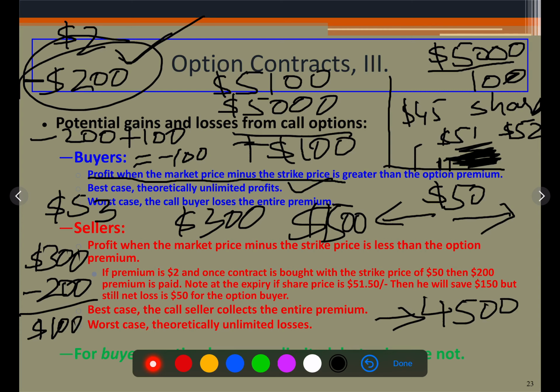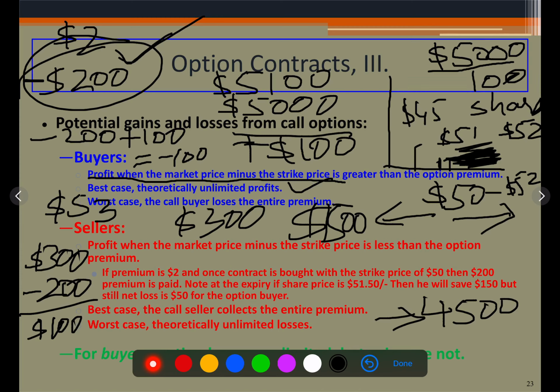Now come to the seller. He will make a profit when the market price minus the strike price is less than the option premium, right? So if the price of the shares is somewhere between 50 to 52, in fact just below 52, he'll make a profit.